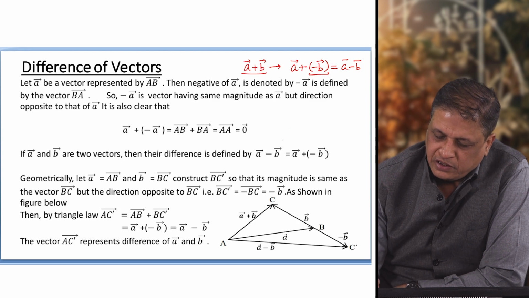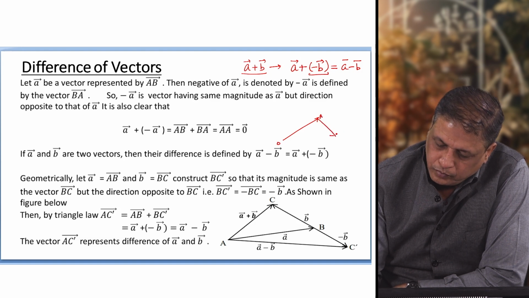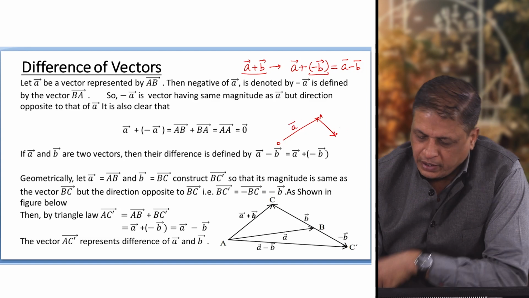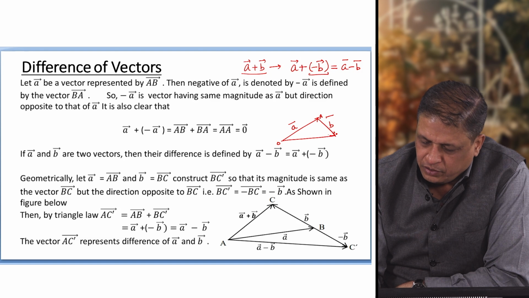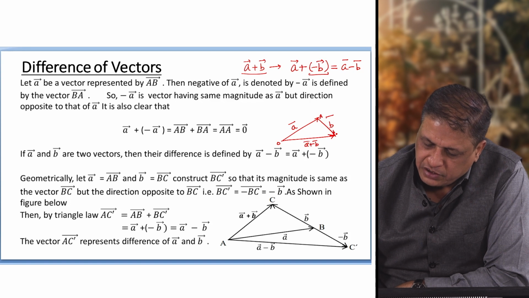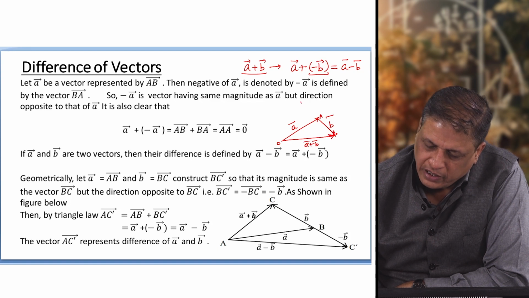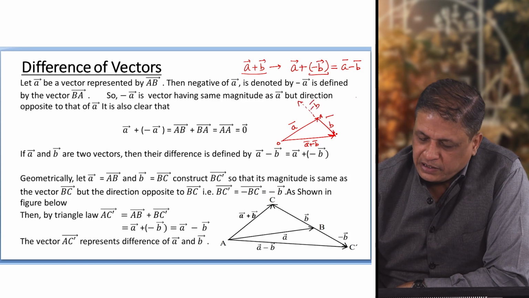Say this is point O, this is point A, and this is point B. So, this is a vector and this is b vector, then this vector by the triangle law of addition of vectors will be a vector plus b vector. But if the direction of the vector is reversed, then it is minus b vector, because the magnitude is the same but the direction is reversed.